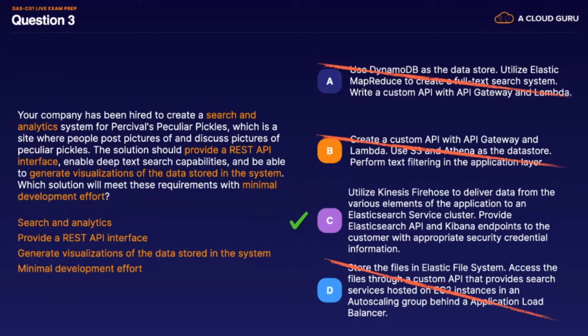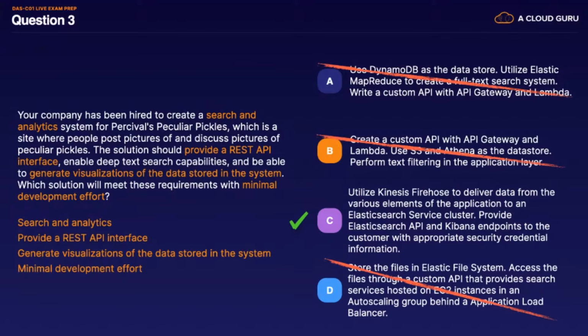Answer C is to utilize Kinesis Firehose to deliver data from the various elements of the application to an Elasticsearch service cluster, and provide Elasticsearch API and Kibana endpoints to the customer with the appropriate security credential information. If we know that Kinesis Firehose can deliver data directly to Elasticsearch with just a configuration, there's no development there in getting the data loaded into our service, and Elasticsearch provides us with that search API that we need.